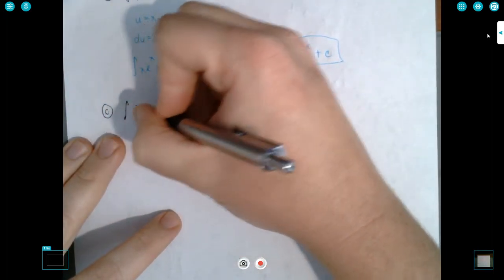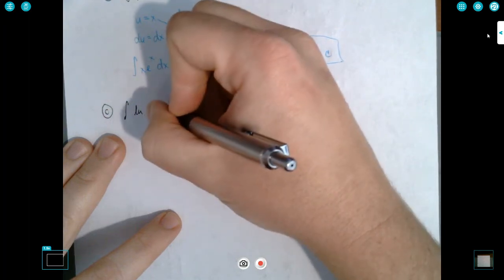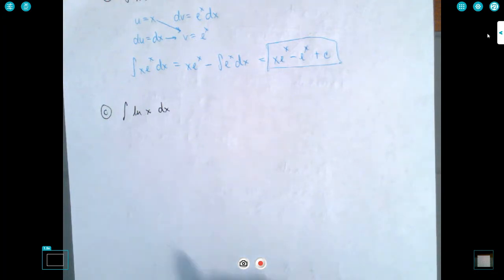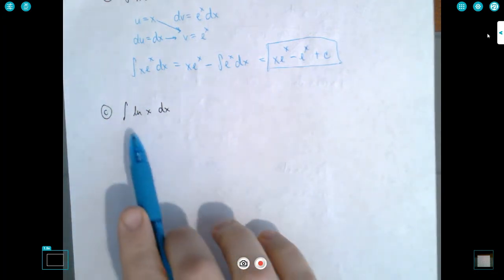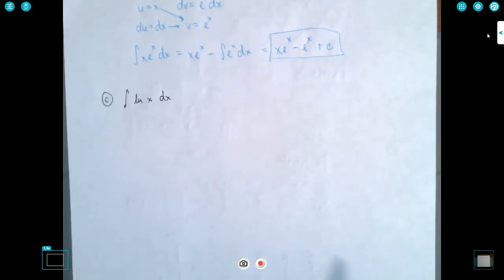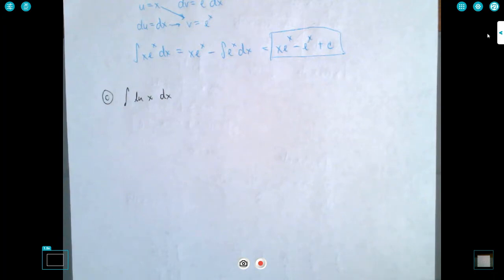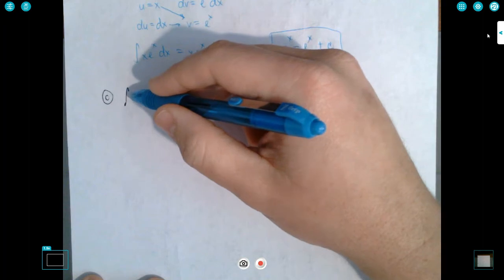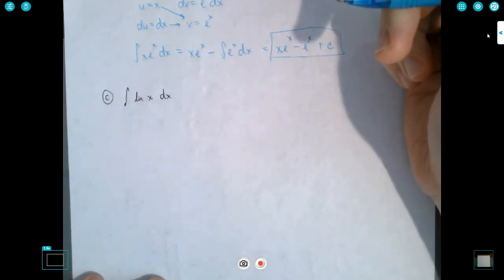But anyway, you could also end up with a situation like this. Let's say that we want to integrate ln of x. This isn't even the product of two functions. This is just one function, but it's a function that we don't know how to integrate yet. But integration by parts will help us here. If you want to think of this in terms of LIATE, you could think of this as 1 times ln of x, and 1 is an algebraic function.